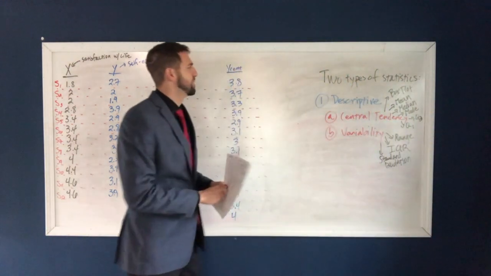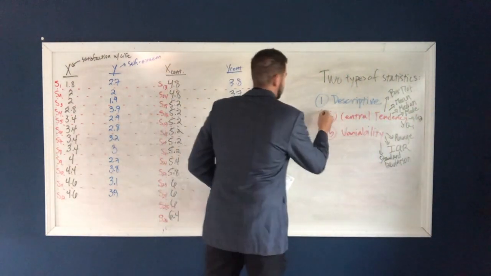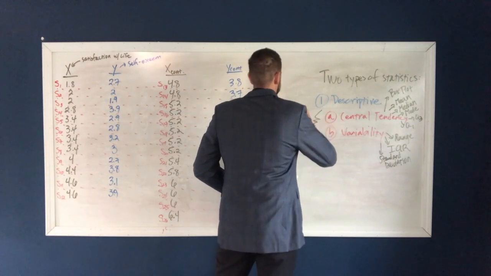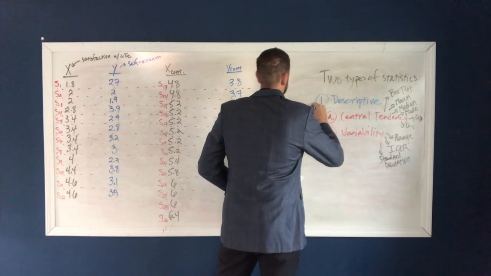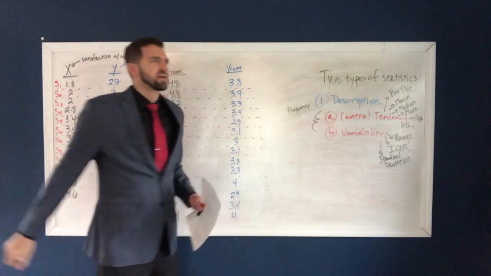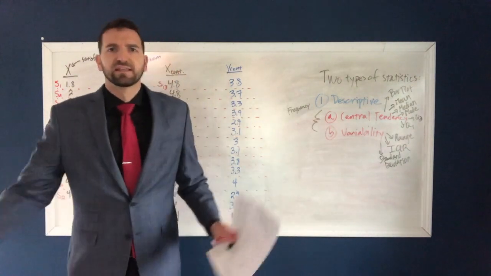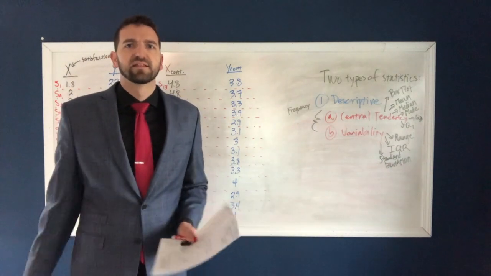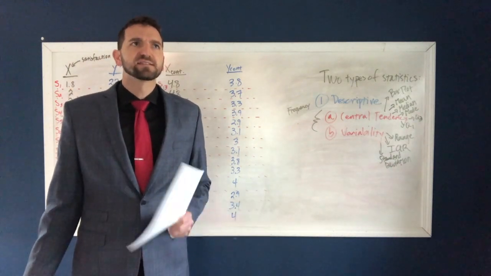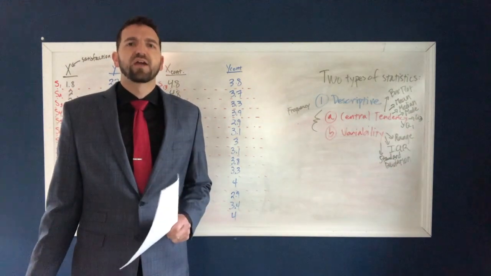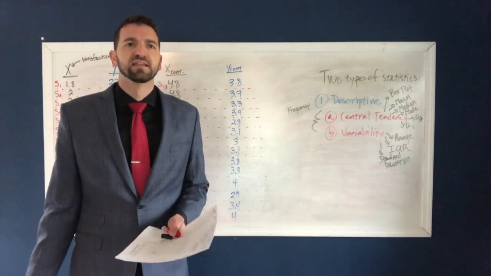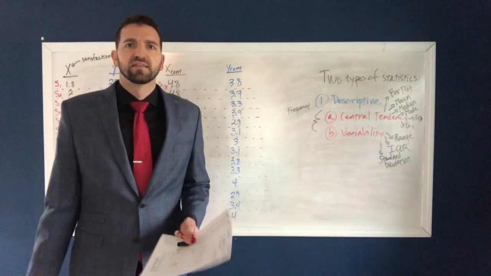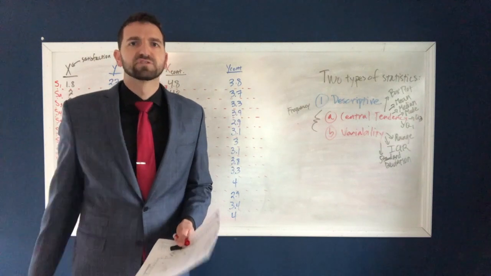Okay, so above and beyond central tendency and variability, we talked about frequency. So frequency is simply organizing and displaying the numbers. And by organizing the numbers, you can figure out central tendency, which is the most typical value in a distribution of data.